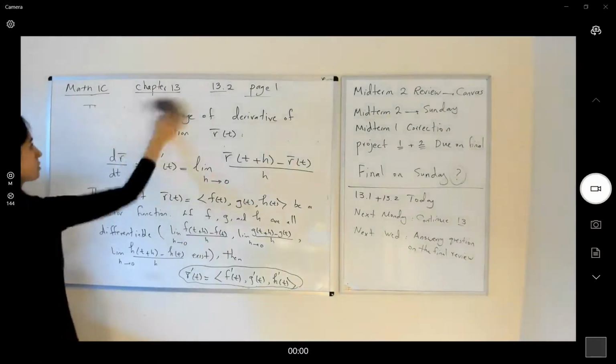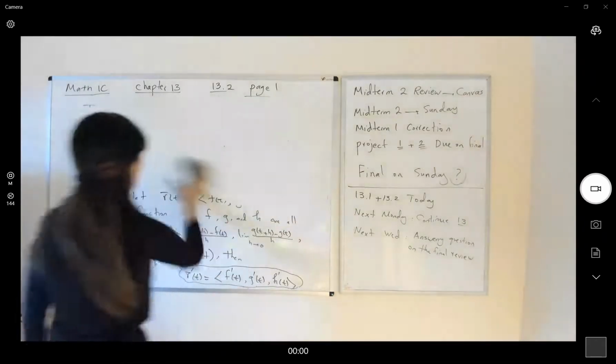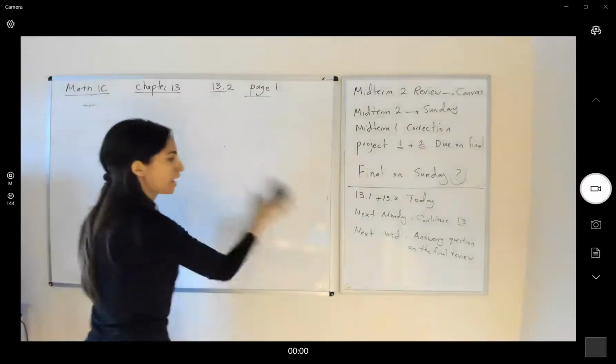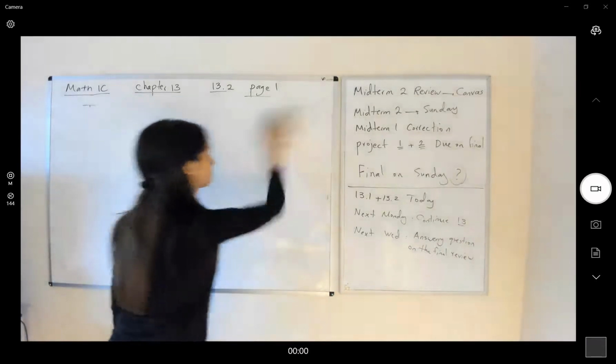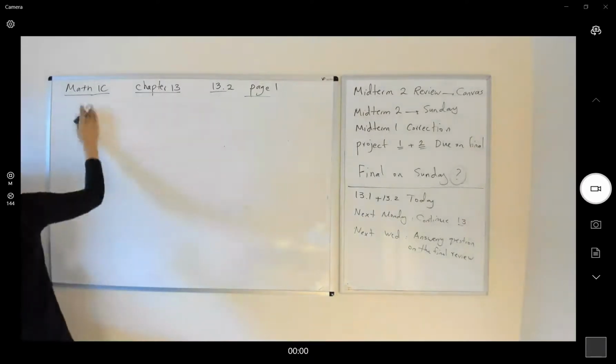So the rate of change of the function is r prime. If you take the derivative of the function and divide it by its magnitude, you get a unit vector. That's how we learned before. Recall that.